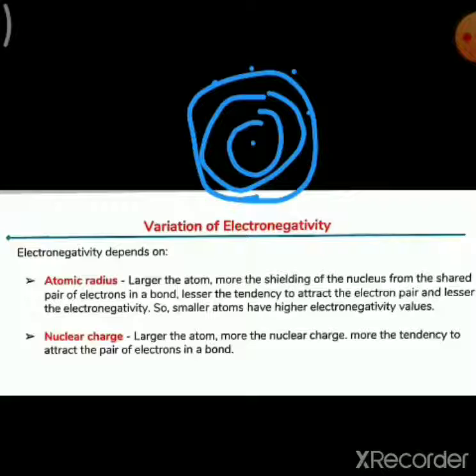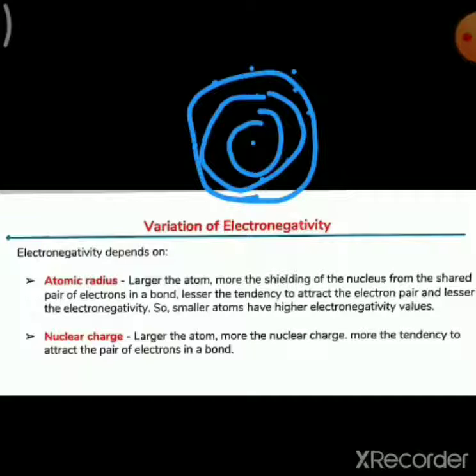So there will be the shielding effect. That means the electrons present inside repel the outer electrons from the nucleus. That's why there is a lesser tendency to attract the electron pair.